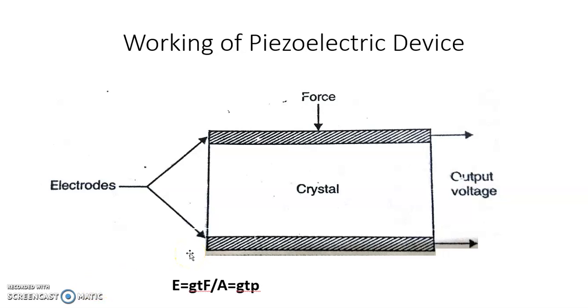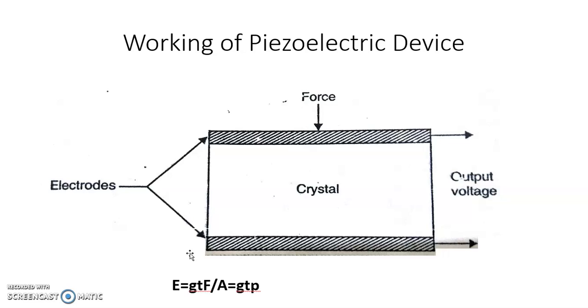This type of piezoelectric transducer has several advantages and disadvantages. The advantages are that they have high frequency response, they are small in size, they give very high output, meaning that for low pressure or low force applied they develop a high output voltage, and they are rugged in construction.